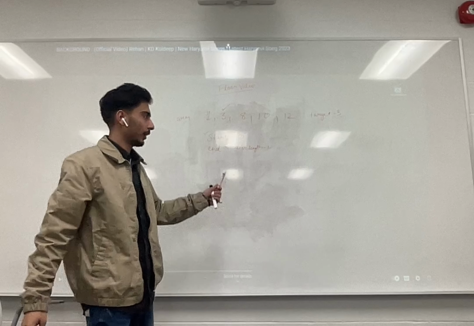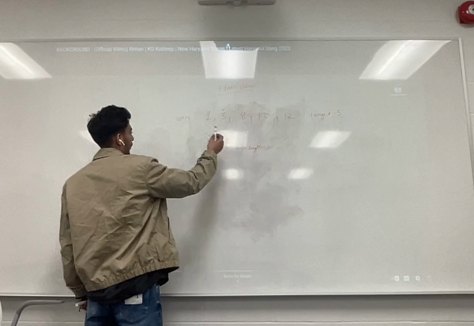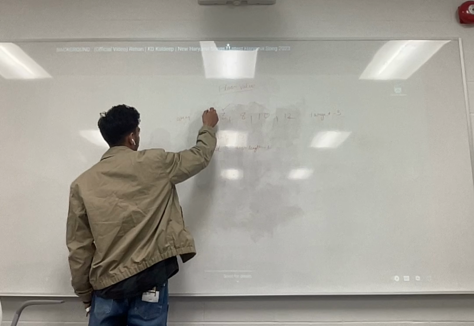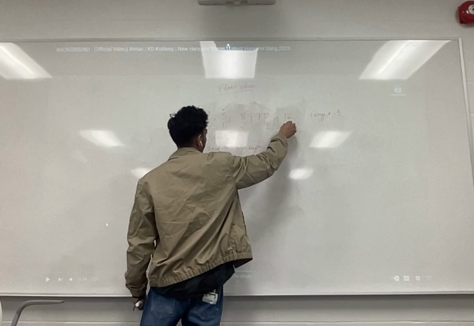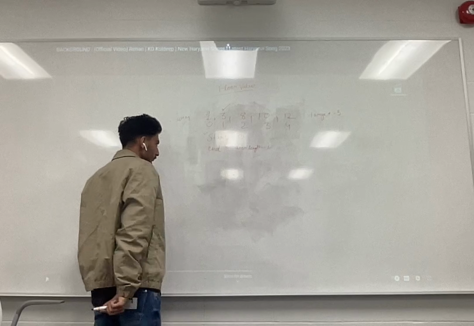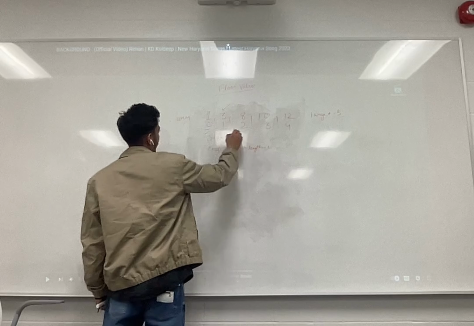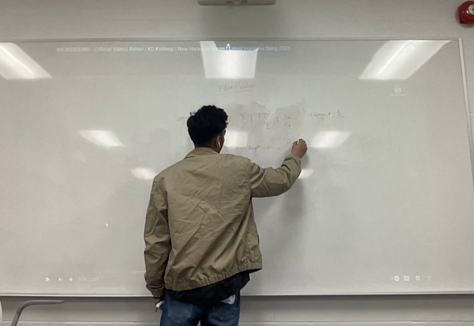Let me first tell you the approach. First we find the mid. The indices are 0, 1, 2, 3, 4. Mid is (0 + 4) / 2, which is 2.